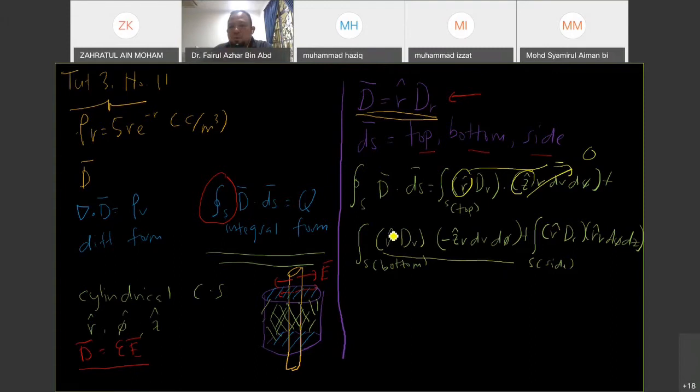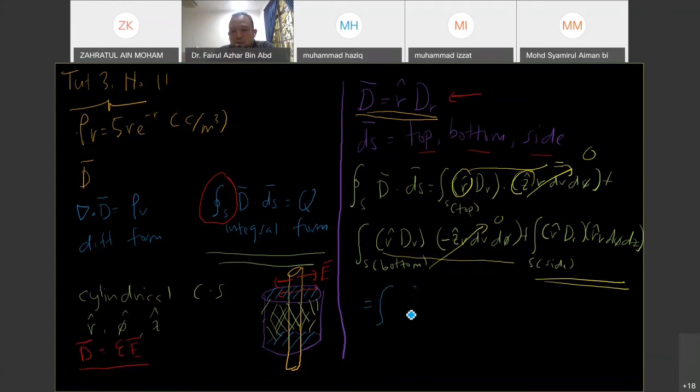We need to perform a dot product between r cap and minus z cap, so of course this part also becomes 0. And the equation that is left with us is only on the side surface. Therefore, the equation involved in this operation is only on the side surface.